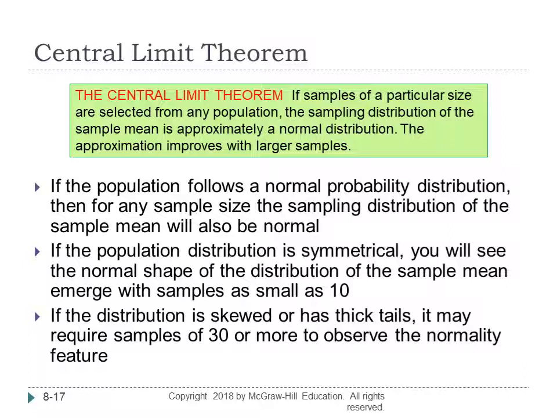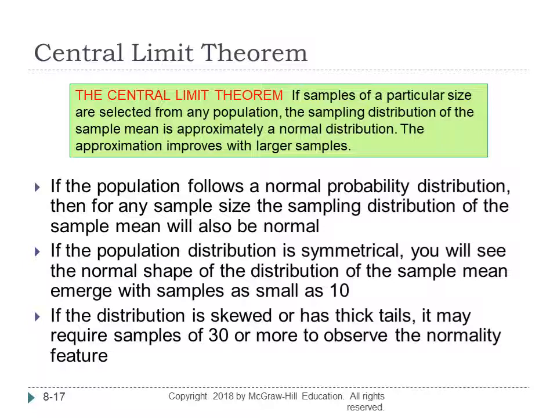We already stated that the larger the sample is, the closer you will get to a normal distribution. If you started with a symmetrical distribution, then samples even as small as 10 will be close to being a normal distribution.